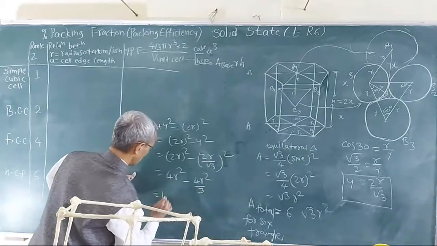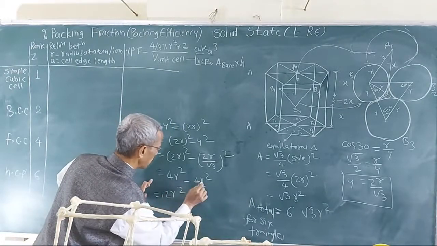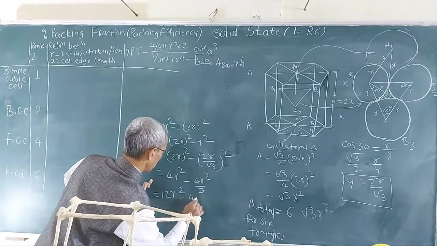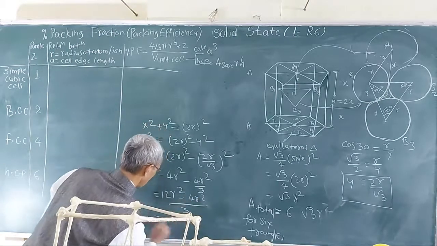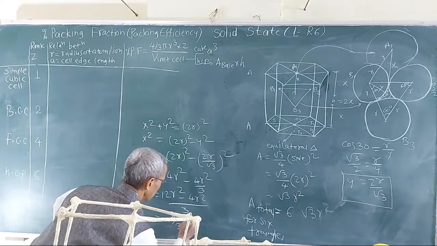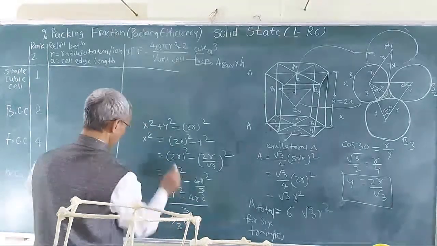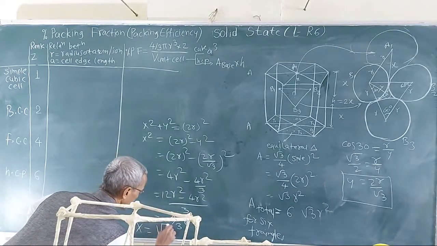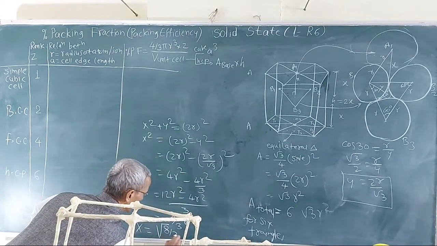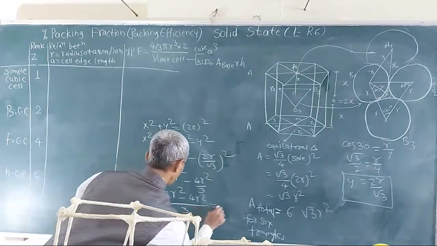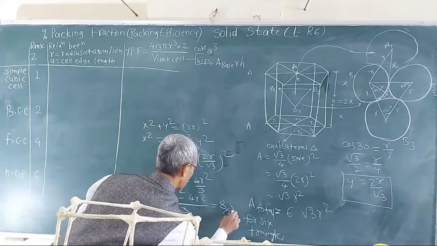Or this is 12r square minus 4r square upon 3, which is 8 upon 3 r square. Therefore x is equal to square root of 8 by 3 times r.